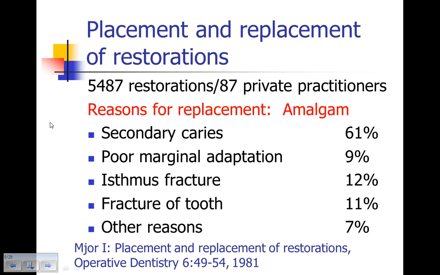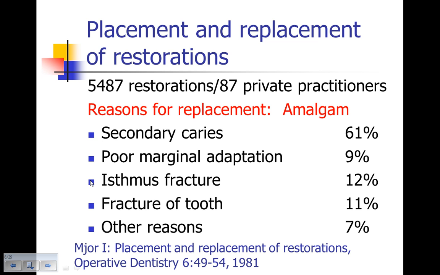So what were the reasons for replacement of these restorations in this 1981 survey? Well, secondary caries was by far the highest reason for replacement of restorations. 61% of the restorations that were amalgam were replaced because of secondary caries. 9% were replaced due to poor marginal adaptation. 12% due to isthmus fracture.